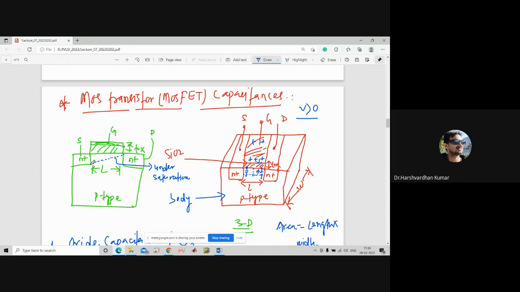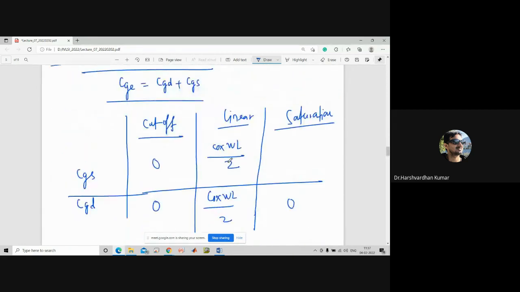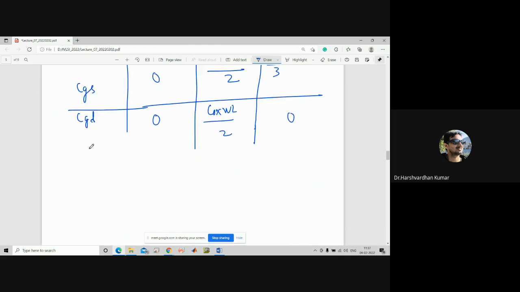Not exactly half and not exactly full, because practically it has been proved that it is slightly greater than half. It has been practically proved that it is nearly 2/3 C_ox W L.